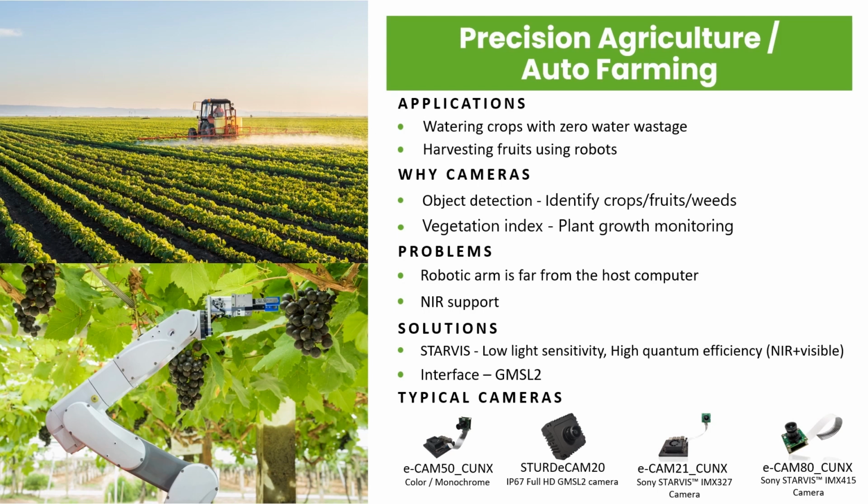Such robots usually have a lengthy arm with multiple nozzles to spray water onto many plants in one go. In this case, object detection AI models are used to identify the plants in real time. Because of the length of the arm and due to the proximity with water, a GMSL based camera with an IP67 rated enclosure is well suited for this use case.